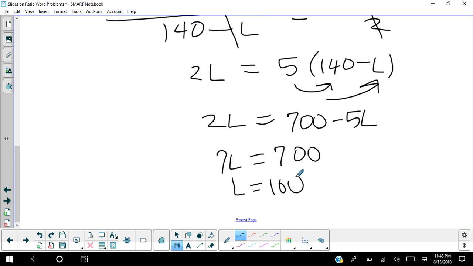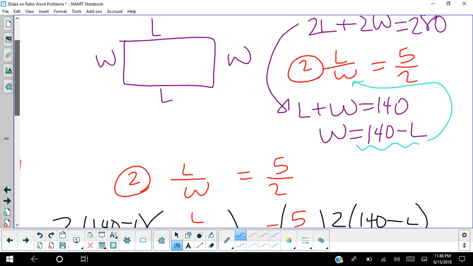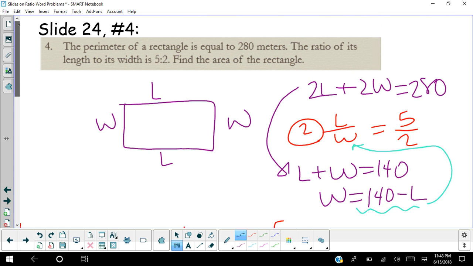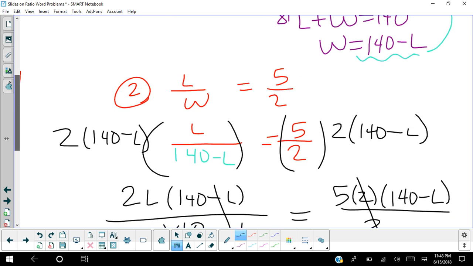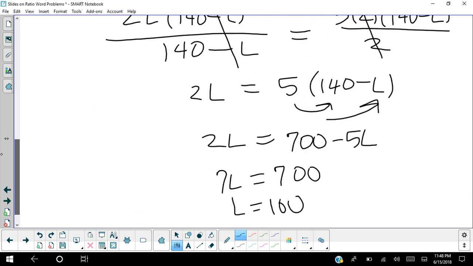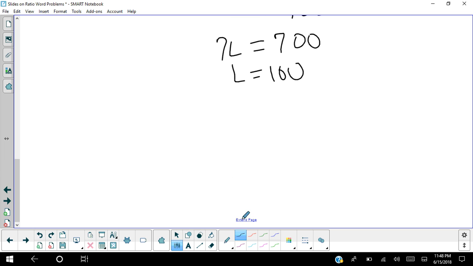And now we've got to go read the question to figure out what we need. The question wanted to know, find the area of the rectangle. So I need length times width. So I know the width is 140 minus L. So width is 140 minus 100, meaning it's 40.